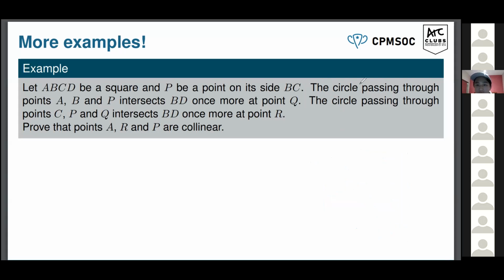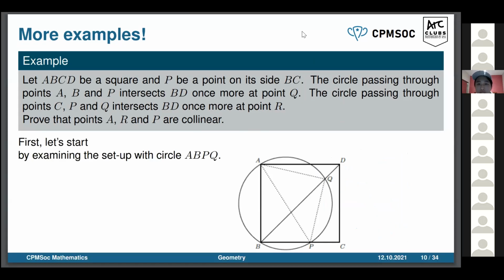So here is a section of this diagram. So we'll first try to examine things here. And by the way, what we want to prove is that A, P, and R are collinear, which R isn't even on this diagram yet, but we'll draw it later on. We'll try to see if we can do anything here first.